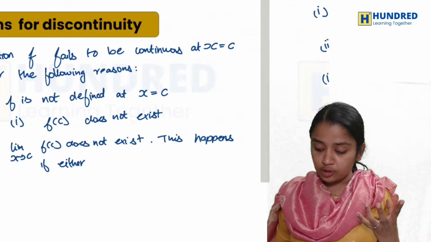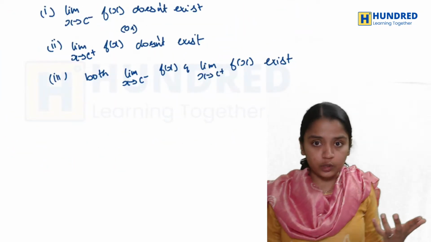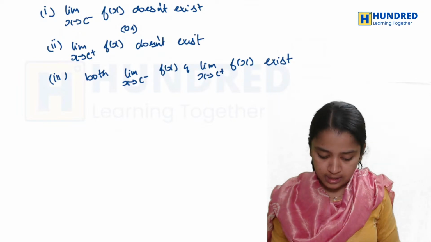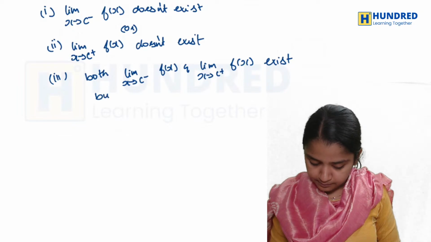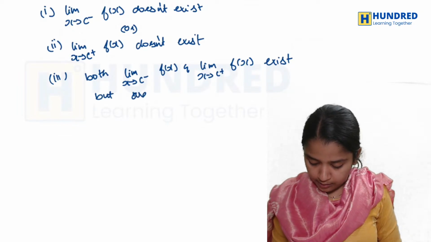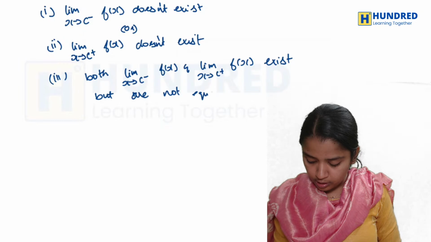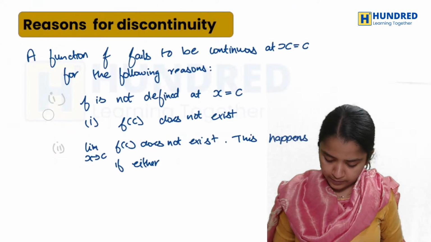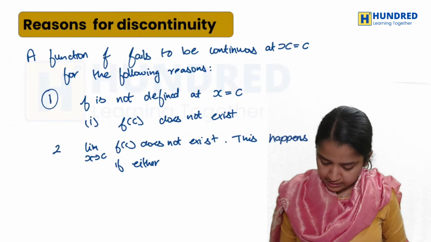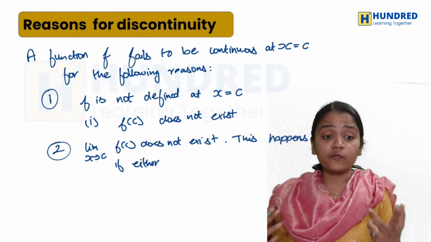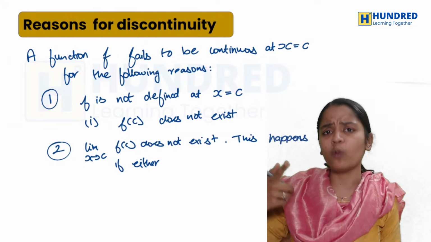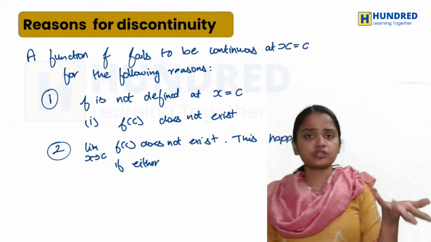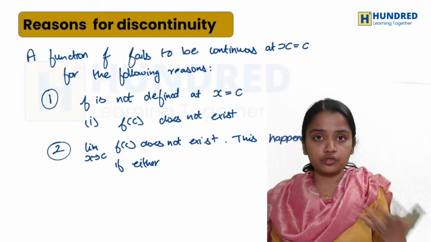So if I tell you that both are not equal, you can conclude that it is discontinuous. This is the second point, which I'm just writing in a different way. So this is the first point, this is the second point. If either one condition is true, you can say it is discontinuous. If the first point is true, you can say it is discontinuous. If the second point is true, you can say discontinuous.